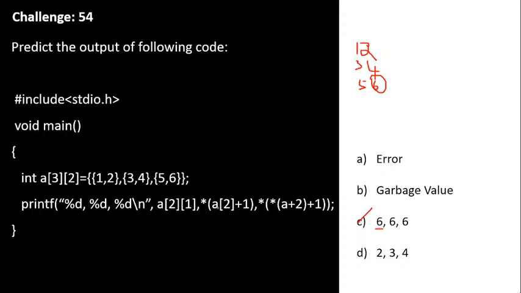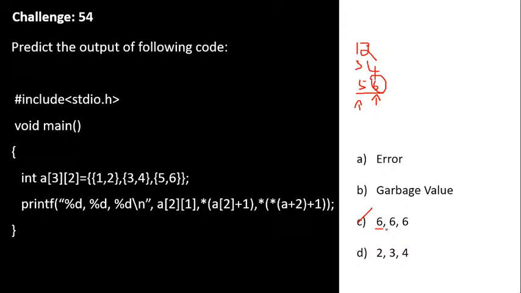Okay. So A of 2 plus 1. What is that A of 2? A of 2 is basically this last line, plus 1. So it is pointing at 5 when I talk about A of 2, and plus 1, so it will move to this position. The value there is 6.